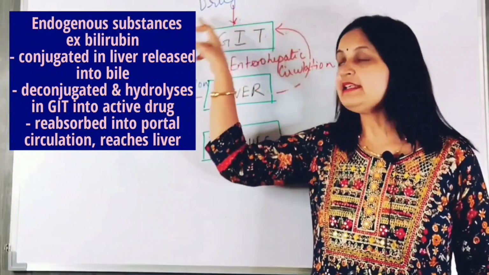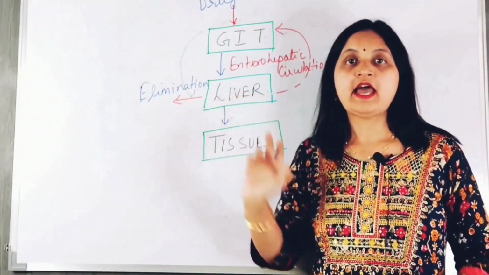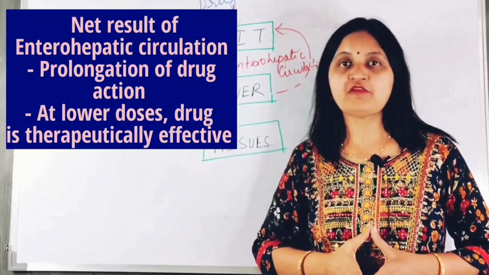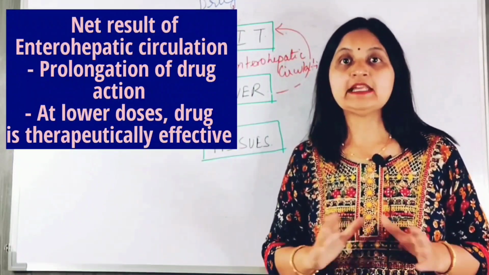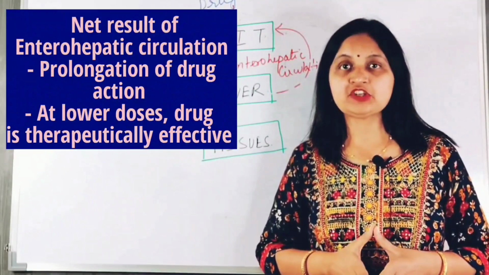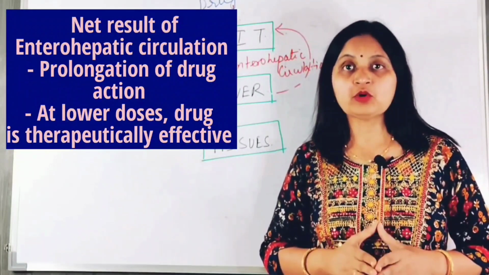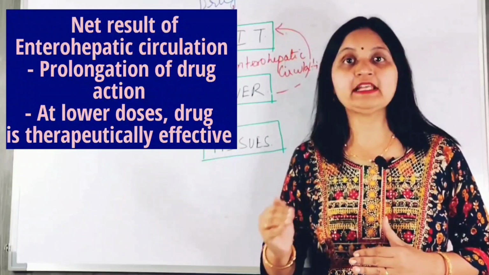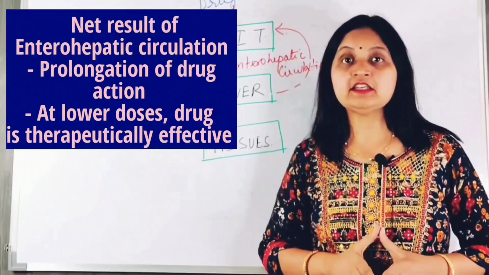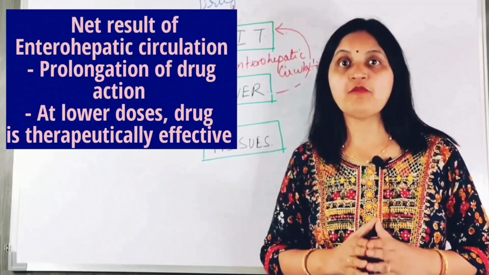So in this way, recycling of the drug occurs and this leads to prolongation of action of the drug. So the net effect of enterohepatic circulation is prolongation of drug action. So at lower doses, the drug can be therapeutically effective. Secondly, this principle can be applied in case of poisoning.